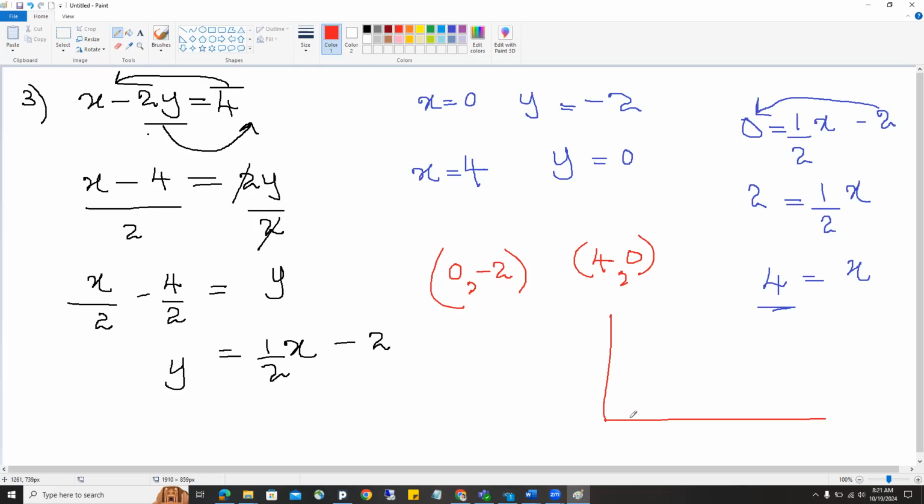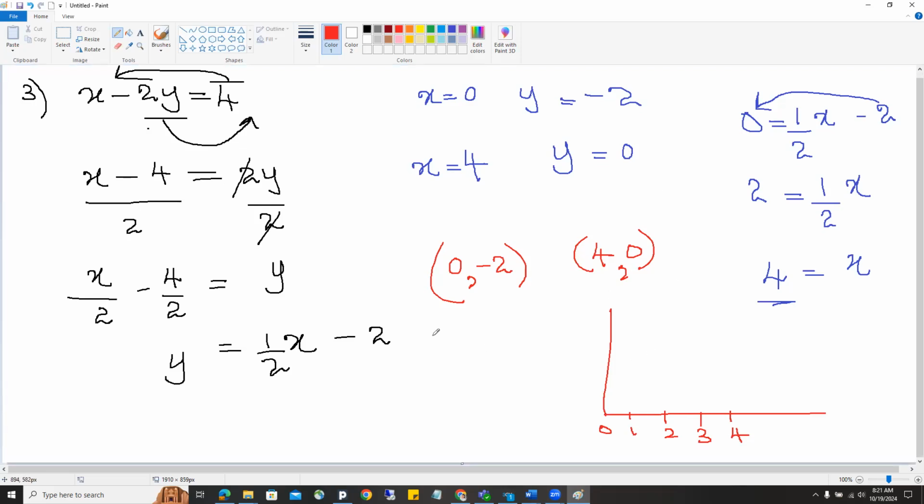That means here we have 0, 1. The minus is coming, y is equals to minus 2 also there. So we should have the negative values. Upside down, yes, we should mark it down.